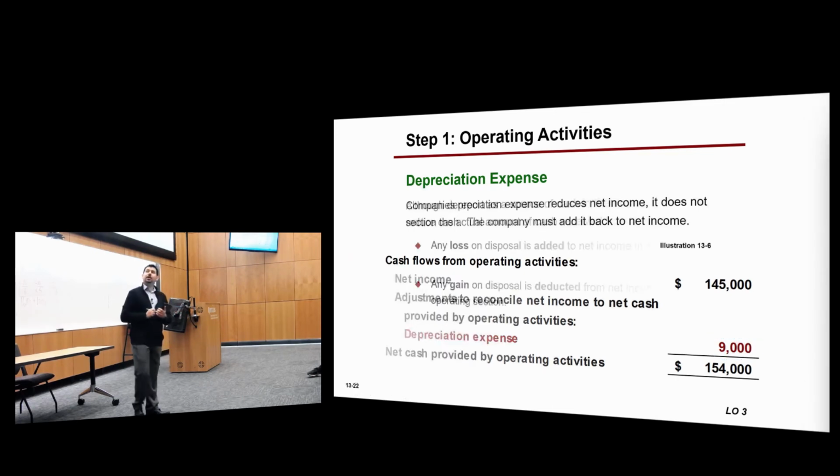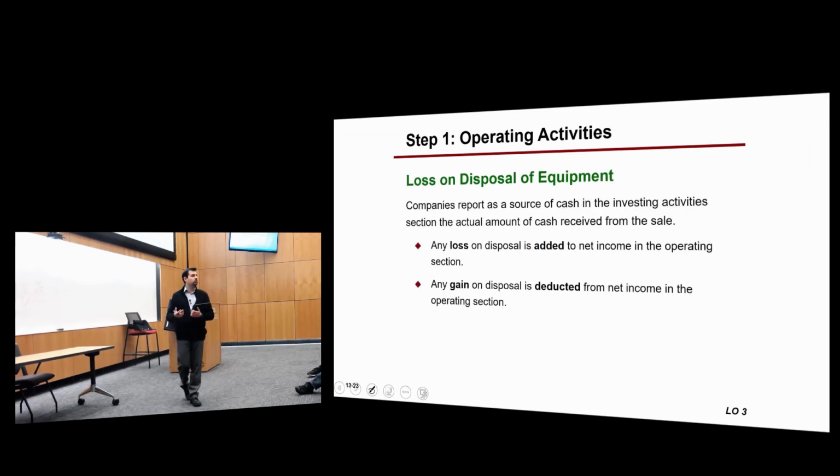The next one is loss on disposal of equipment. And again, we said that this is another virtual thing. A gain or a loss would be a virtual expense or revenue. They are not revenues and expenses, but let's think about them this way just for a second. Those are virtual. Why? Because in this case, we're looking at it as cash. Did the company receive cash as a gain?